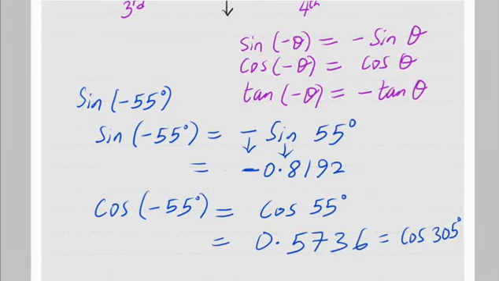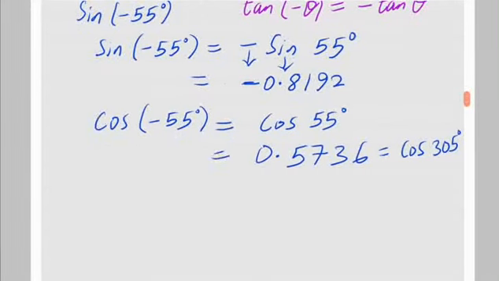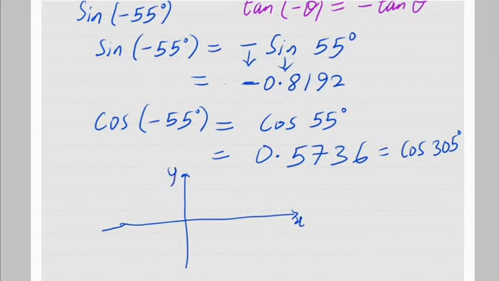Now, why is it positive? Okay, let me quickly mention why it is positive. Remember I said earlier on that negative angles are measured from the x-axis in the clockwise direction. So if you want to do minus 55 degrees, you are going to start from the positive x-axis and you go clockwise.